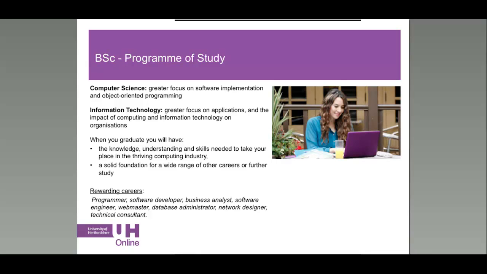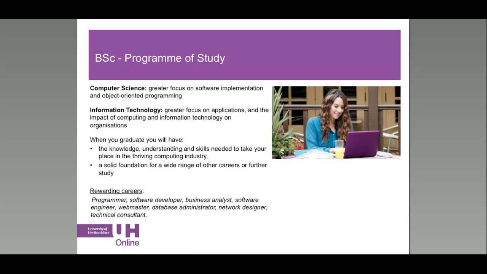We currently offer two main awards, BSc Honors in Computer Science and BSc Honors in Information Technology. The Computer Science award has a greater focus on software implementation and object-oriented programming. The Information Technology award has a greater focus on applications and the impact of computing and information technology on organizations.